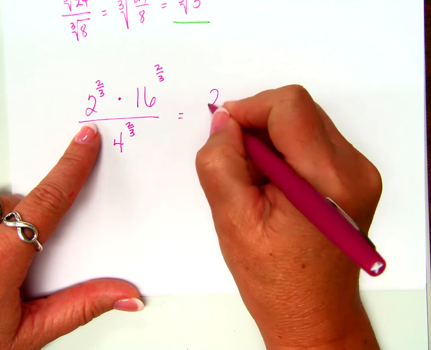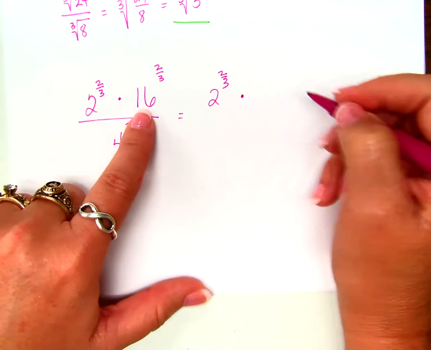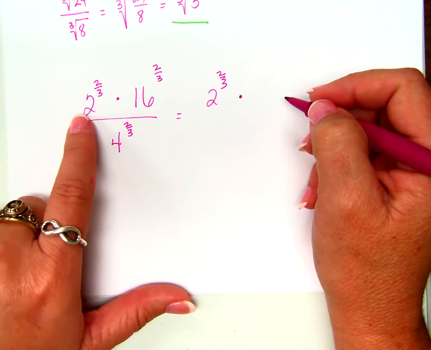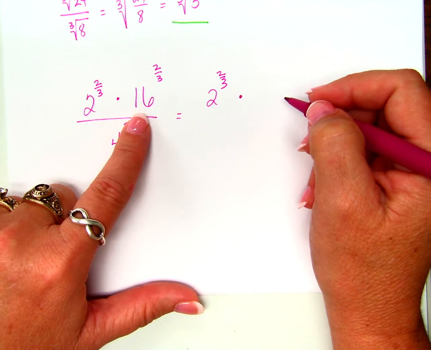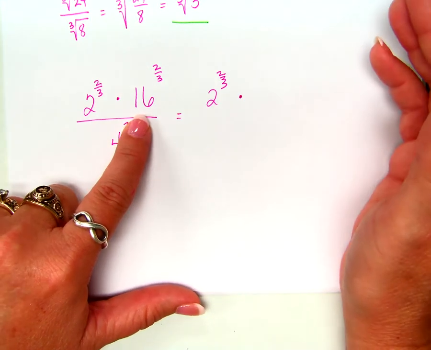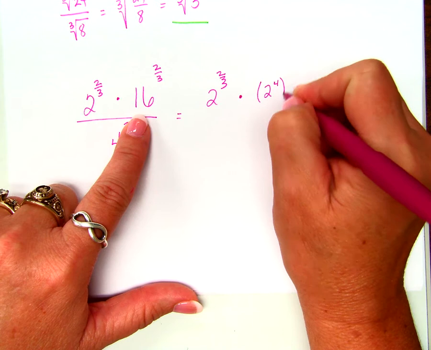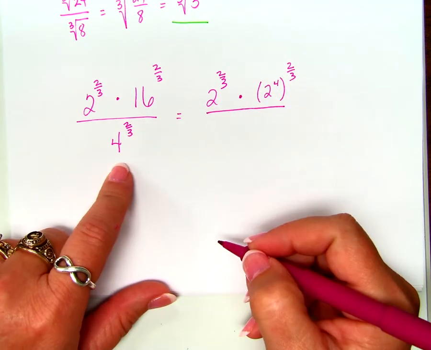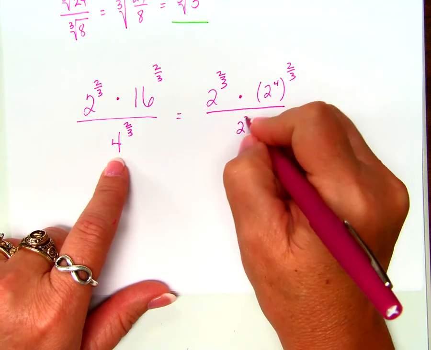So what if I rewrote this as 2 to the 3rd, because that's what it is. But what if I rewrote 16 as something different? What base do I need? I need a 2, don't I? Isn't 16 2 to some power? What is it? 2 to the 4th, right? What about 4? Isn't that 2 squared?